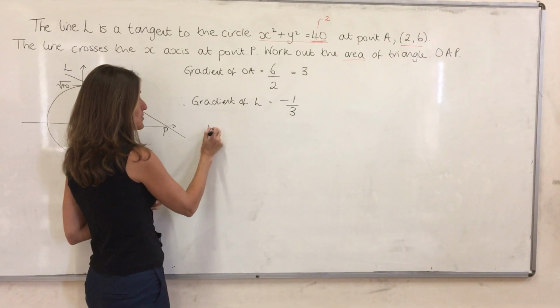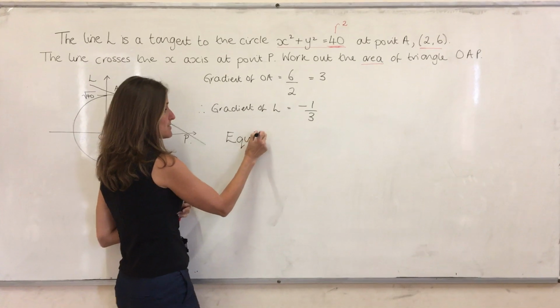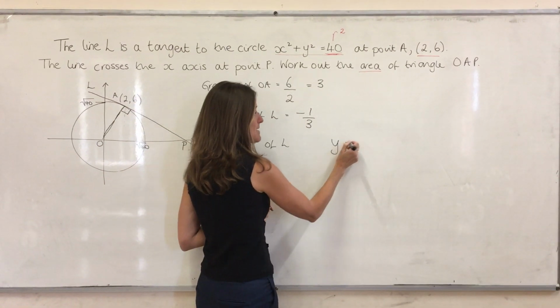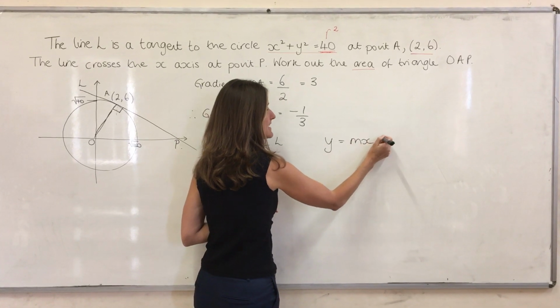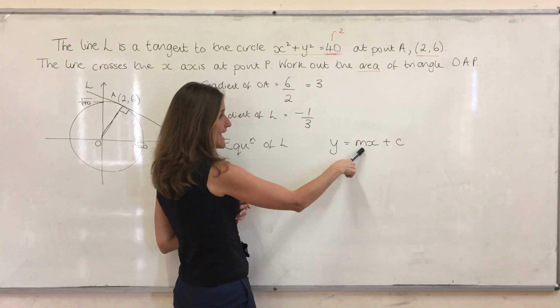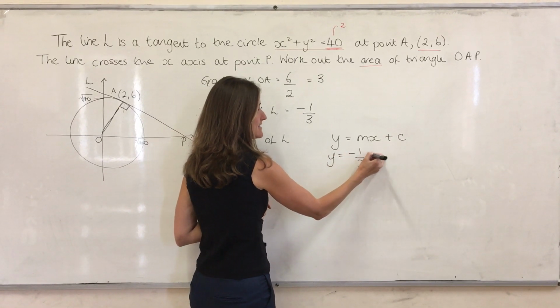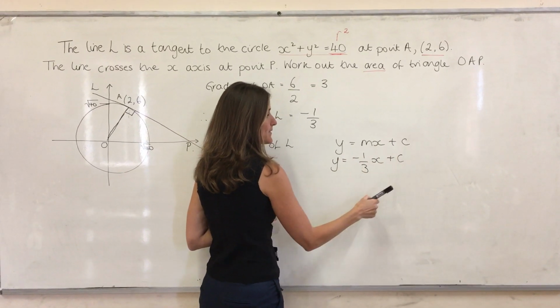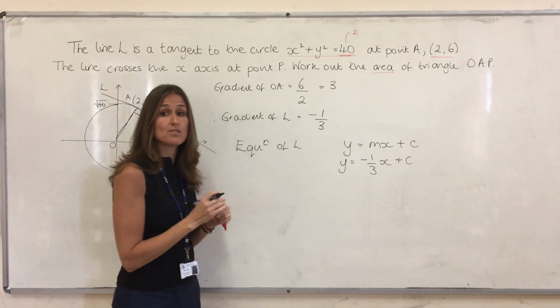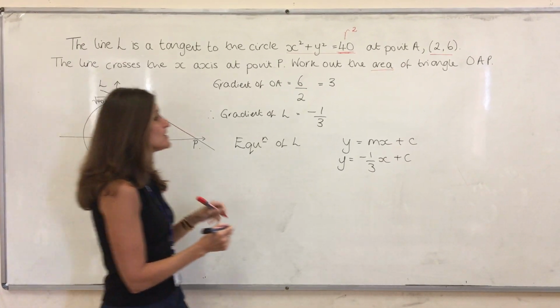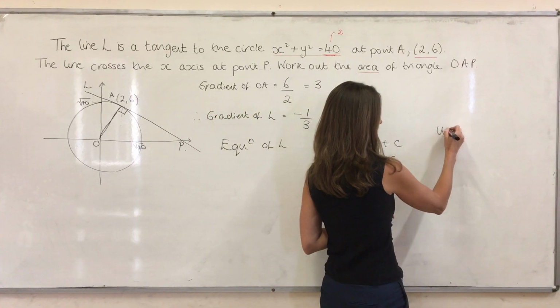Now to find the equation of L, excuse my shorthand, I'm going to use y = mx + c. m is my gradient, so y = -1/3 x + c. I need to find my constant there, and to do that I'm going to use a point on the line. I'm going to use (2, 6).